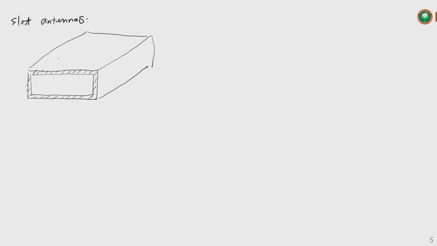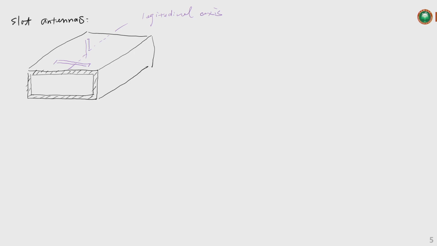So the slots can be, for example, this is the longitudinal axis. And so the slots can be along this direction. It can also be several kinds.